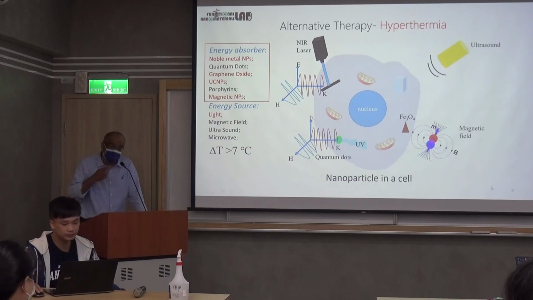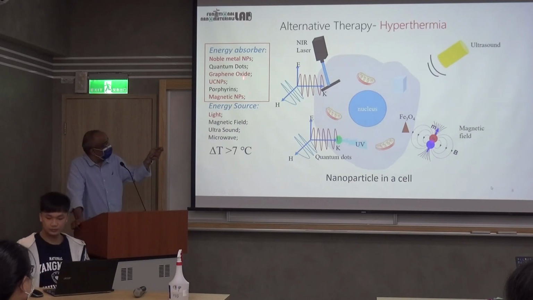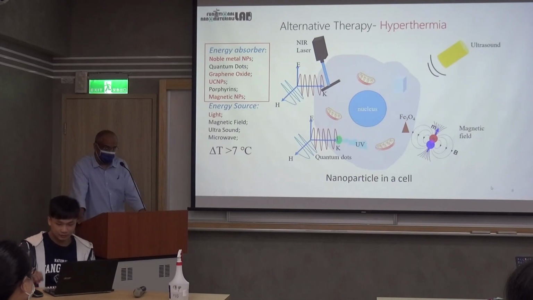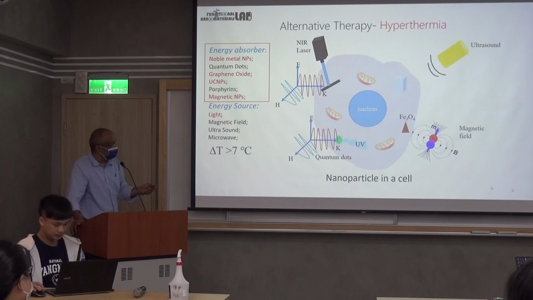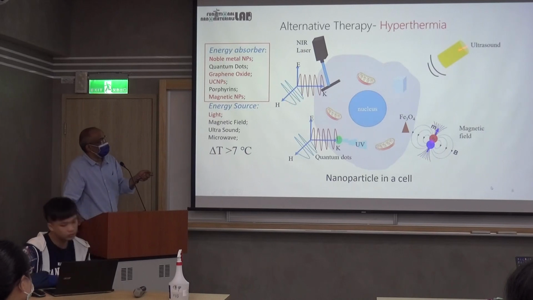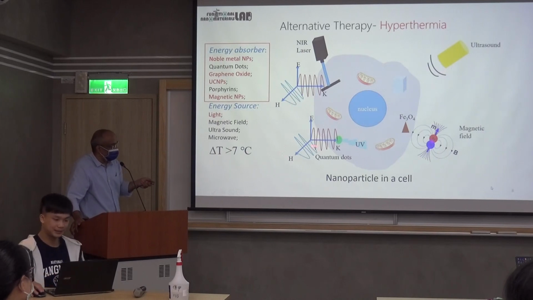The next work that we do in our lab is like, we make different kinds of nanomaterials. So this can be used for alternative therapy. For example, hyperthermia. The idea is very simple. We have a cell, okay, maybe a cancer cell. We will put nanoparticles inside, and then we will try to illuminate the cell with some kind of field. The field can be light, ultrasound, or something else, a magnetic field.